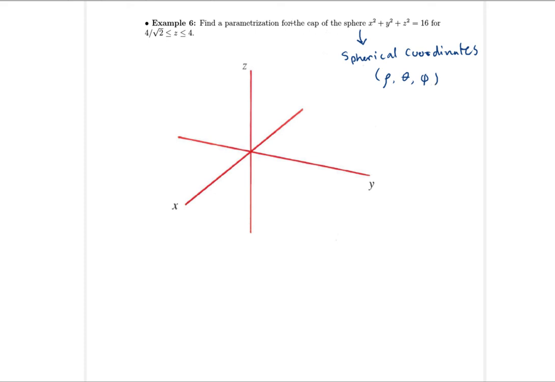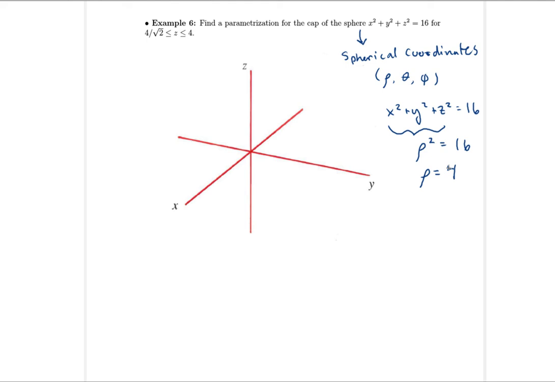Because we are on the cap of a sphere, because they're telling us x squared plus y squared plus z squared is equal to 16, that actually tells us the variable that's staying put. We know that means rho squared equals 16, so rho is equal to 4. So rho is frozen. So we do not need that to be one of our variables for our parametrically defined surface.